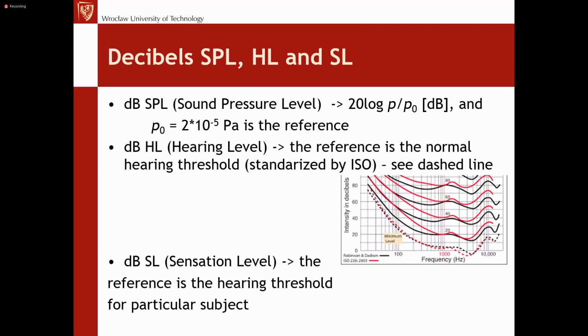I mean that when we have 5 subjects and everyone has a different hearing loss, dBSL could also be different for the same stimulus condition.